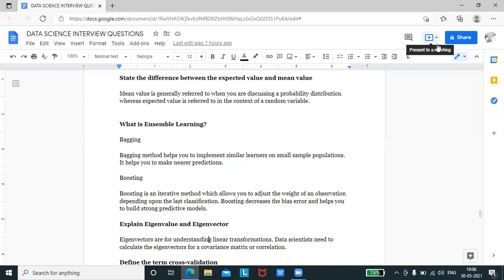So bagging is a homogeneous weak learners model that learns from each other independently in parallel and combines them for determining the model average. Boosting is also a homogeneous weak learners model but works differently from bagging. In this model, learners learn sequentially and adaptively to improve model predictions of a learning algorithm.